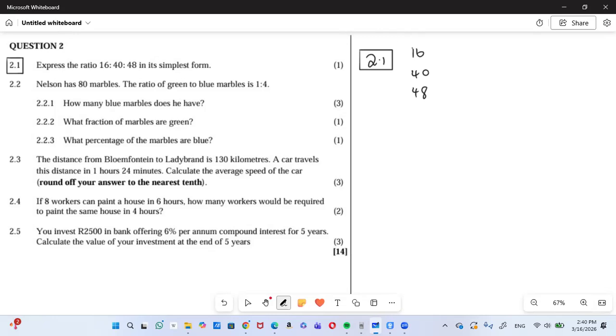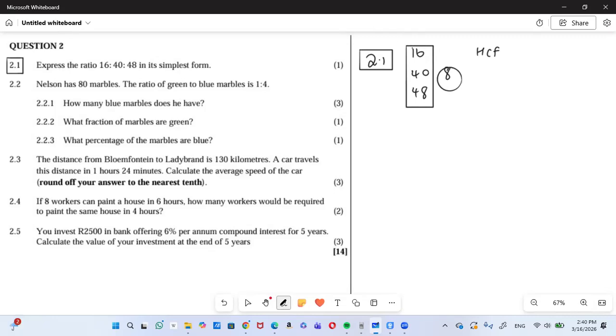In the previous video where we did highest common factors, you will see that the highest common factor of these numbers is 8. Please watch that video first, because some of the things we're going to discuss here are already discussed there. Here we're just going to brush over them.